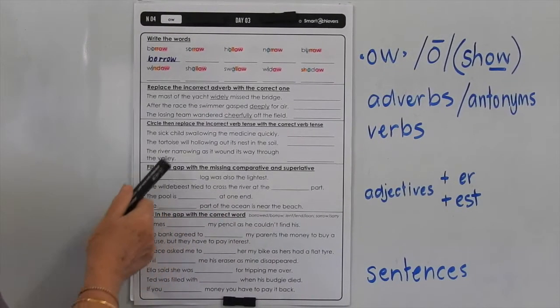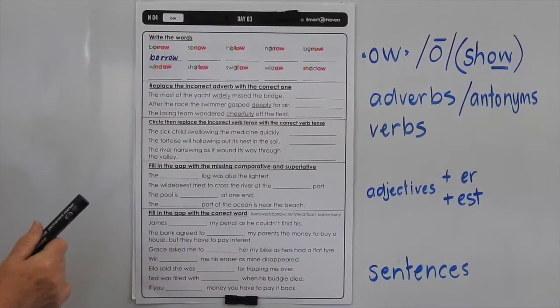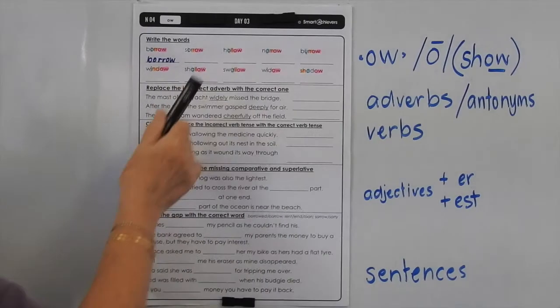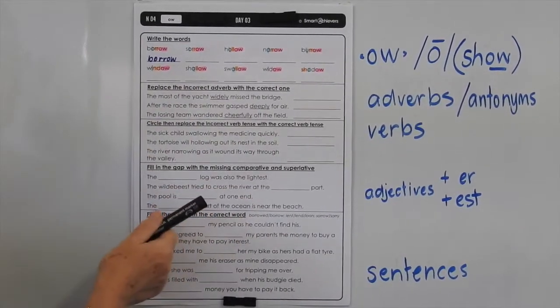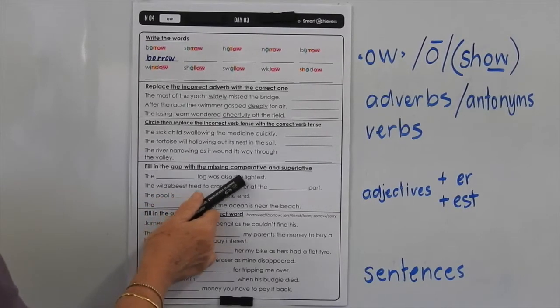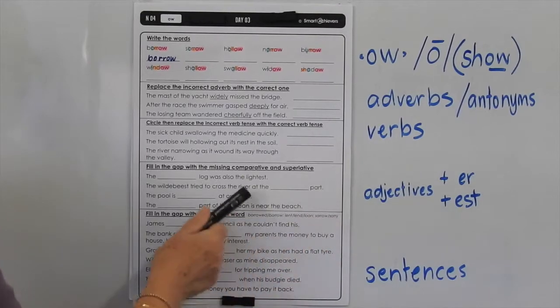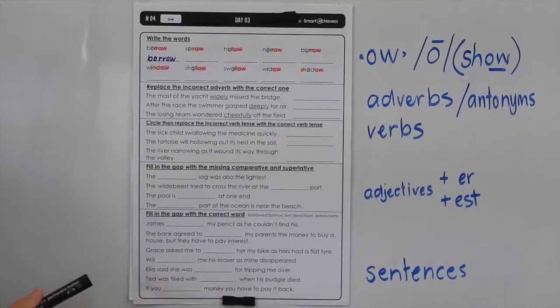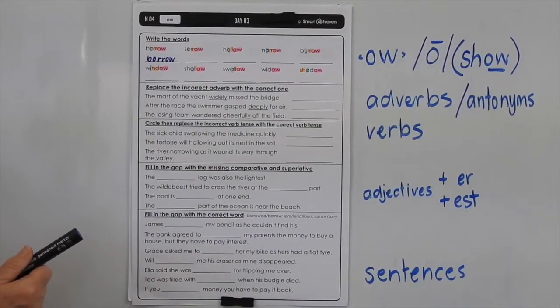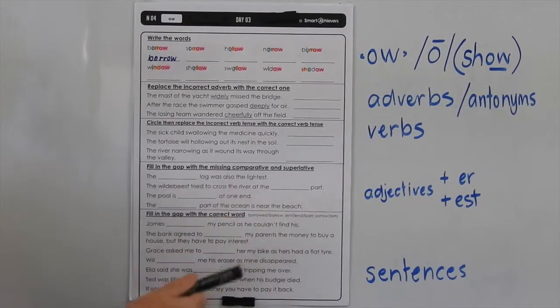Which adjective would need to be put in there? Well, hollow would make sense to me. If it's hollow, it's also going to be light. So you'd have to put the hollowest log was also the lightest. So work out whether you're adding ER or EST to those sentences if you're comparing two things, or if you're comparing a supergroup, more than two things.